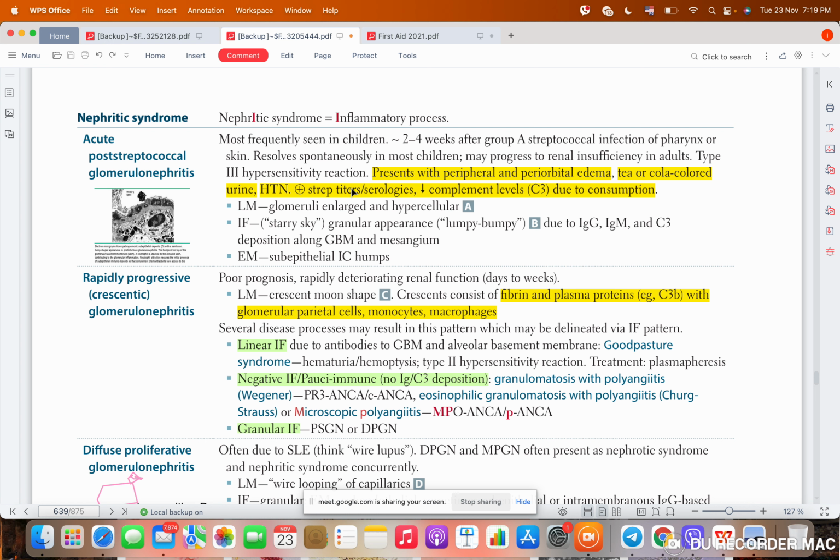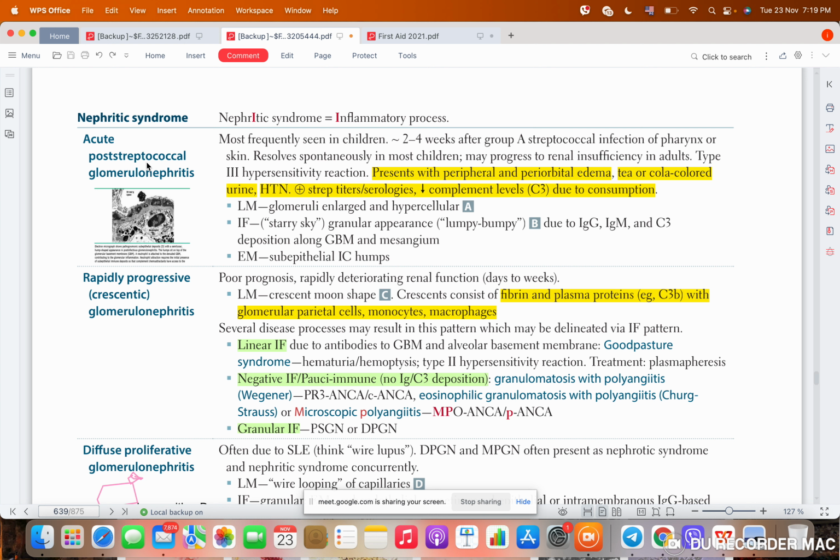Keep in mind, this group A strep also led to something in the heart, if you remember. It led to heart inflammation, which was in the case of rheumatic fever. But if you remember, in rheumatic fever, it was only after a pharyngitis, not after impetigo, which is a skin infection.